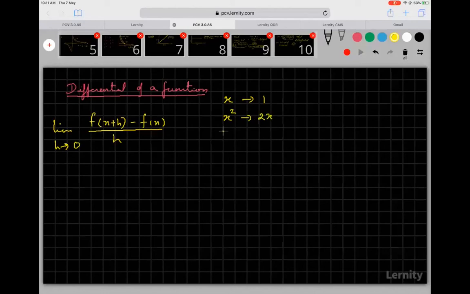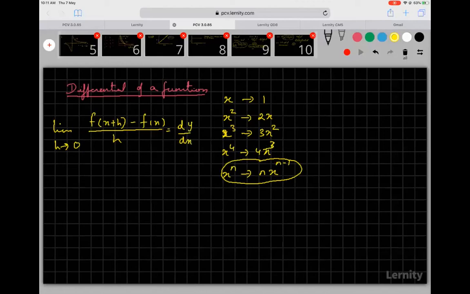On x cube, you will get 3x square. On x power 4, you will get 4x cubed. Then on x power n, you will get n x power n minus 1. Now this operation is known as the differential of a function.